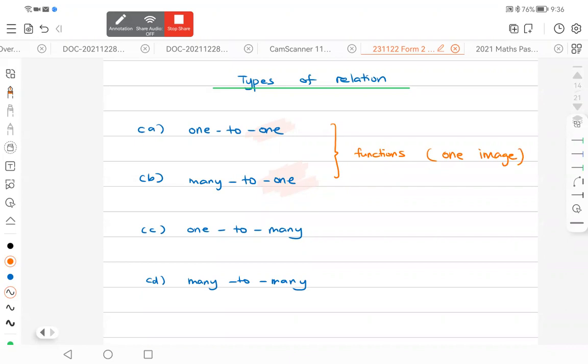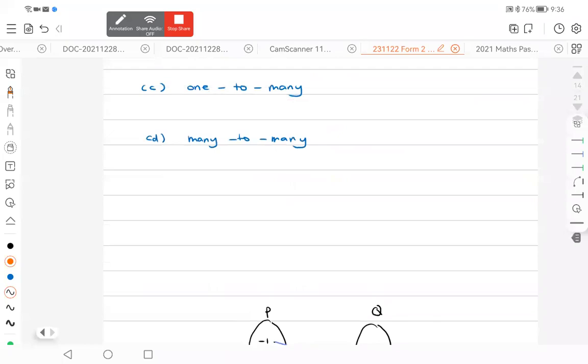That's the reason why the relation is considered a function. So when you answer, you have to say it is a one-to-one relation or many-to-one relation, or you can just answer because it has only one image.